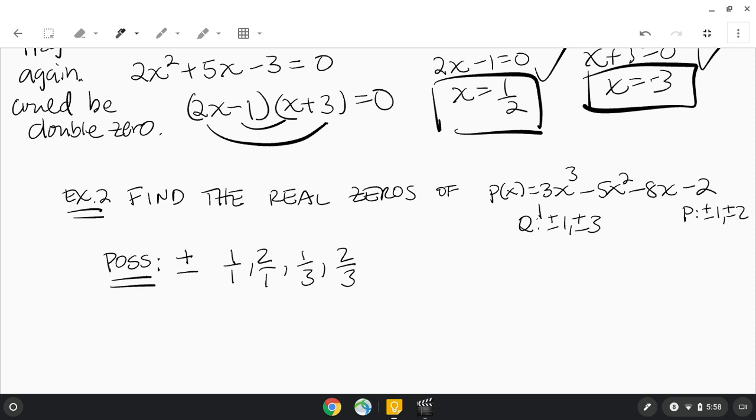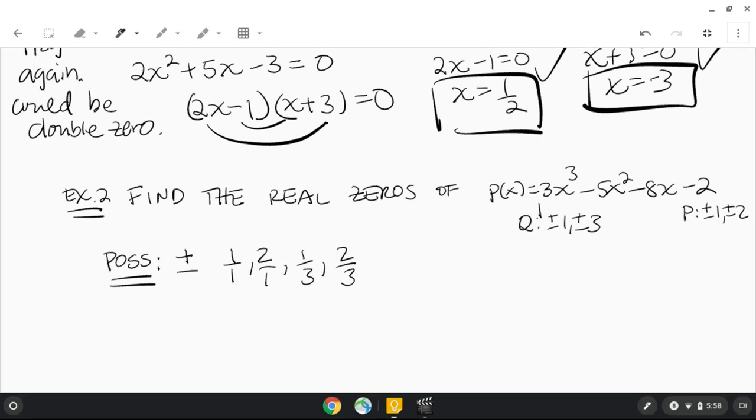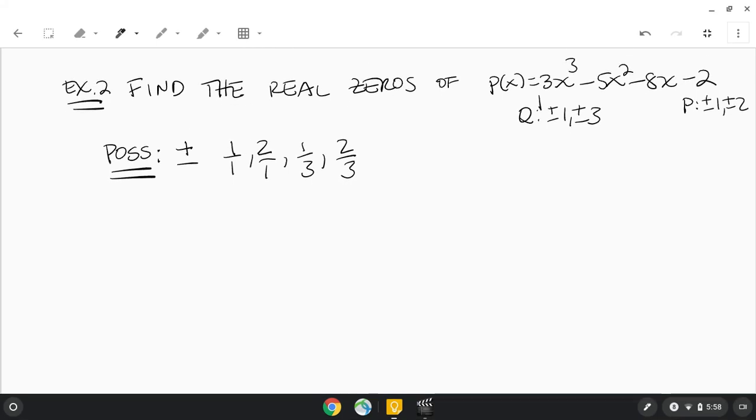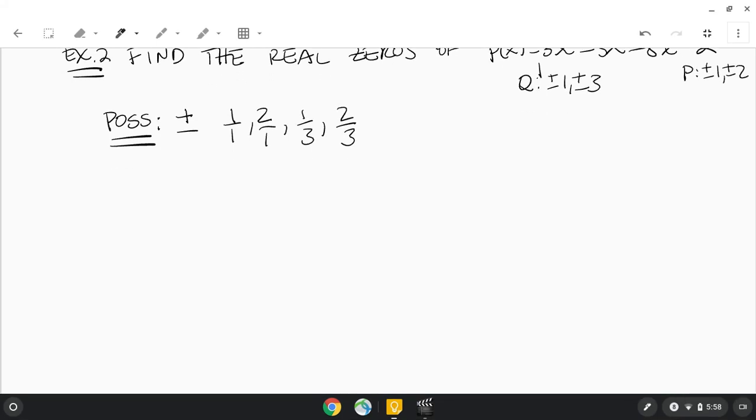Those are the numbers that I will use in my synthetic division.